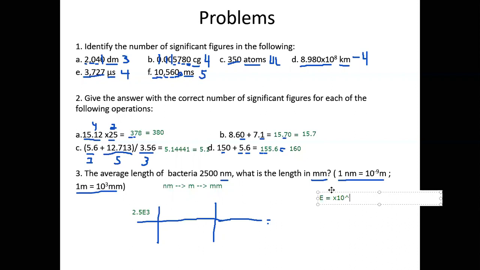It just makes it easier to write. So again, this is nanometers. Since we're starting with nanometers, in the next train track we have to put the conversion factor from nanometers to meters. And since we're starting with nanometers on top to the left, nanometer goes on the bottom and meter goes on top.